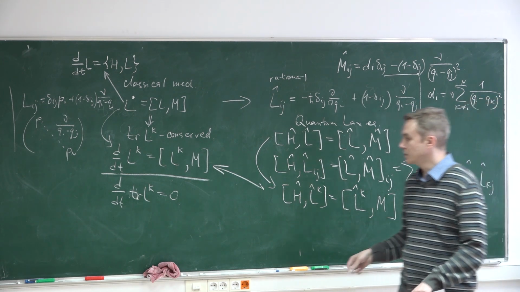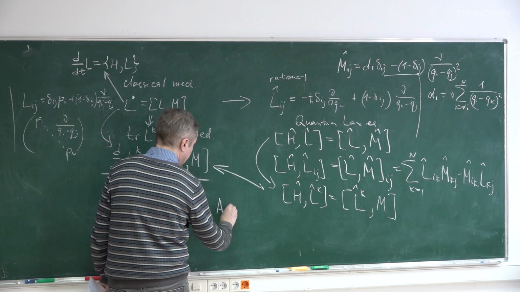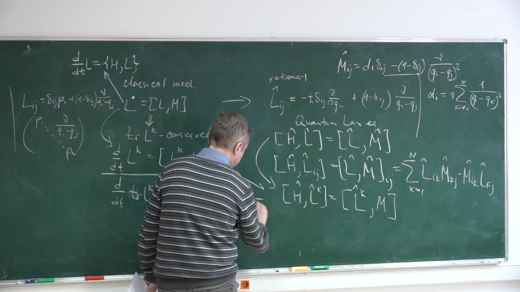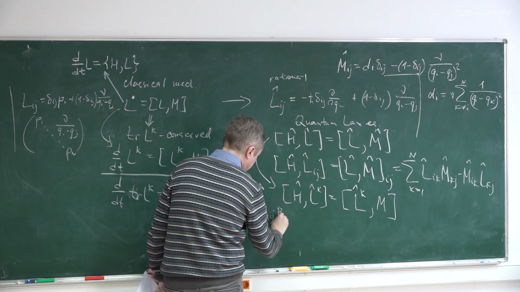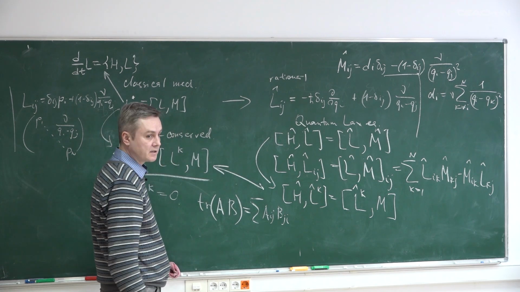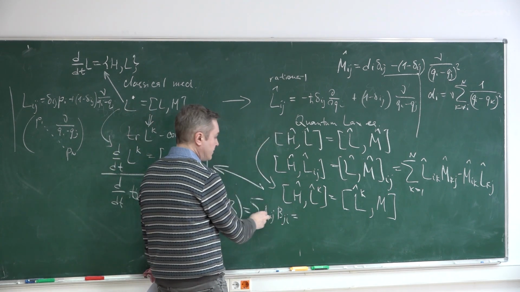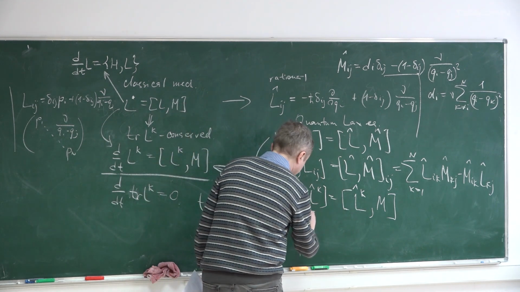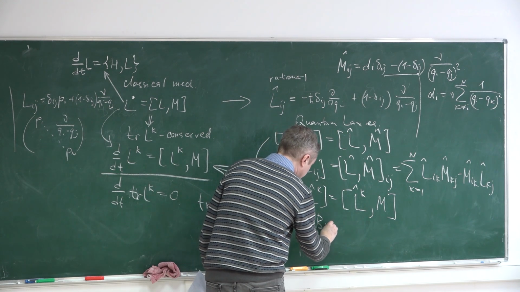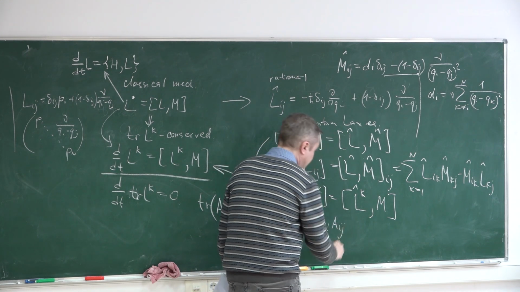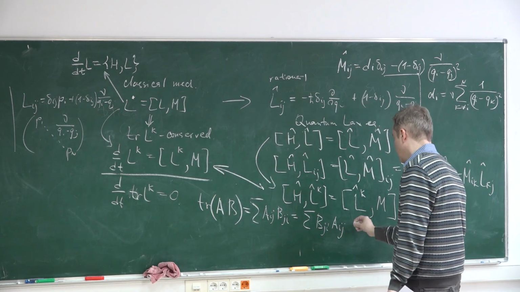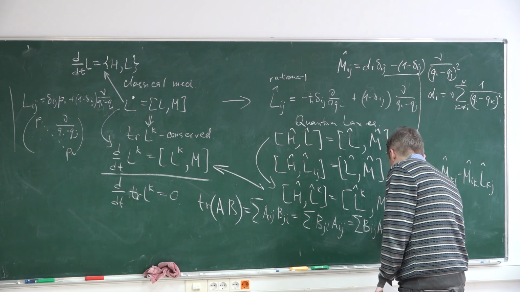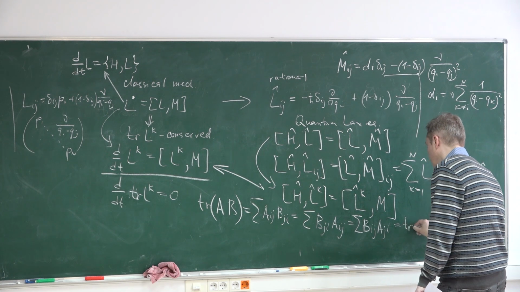So this is why, when you compute the trace of AB, you write it like this, and if these are C-valued functions on our phase space, you may write it like B_ji A_ij, then change i to j, writing B_ij A_ji, and finally write it as the trace of BA.